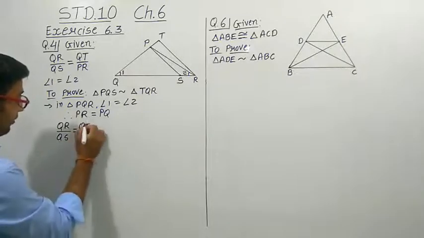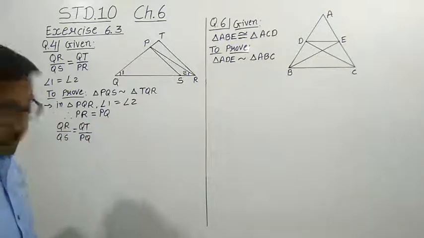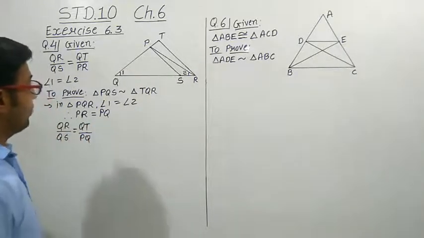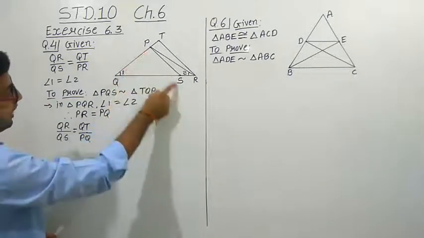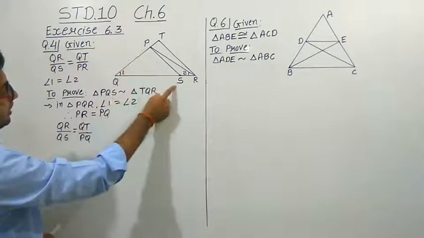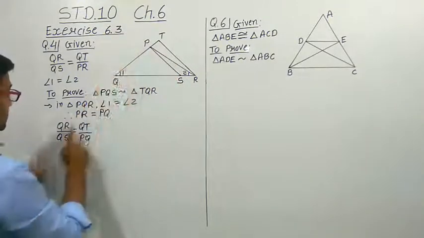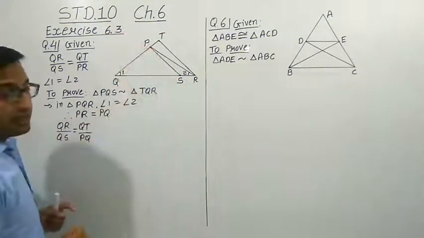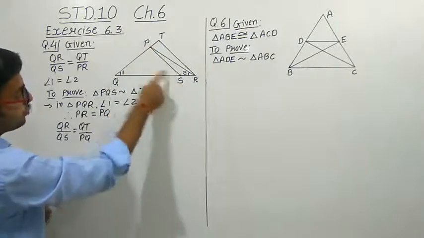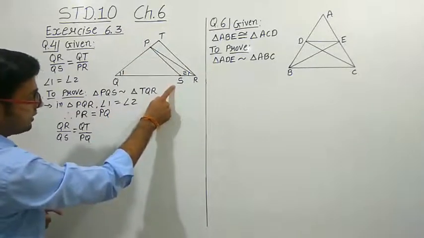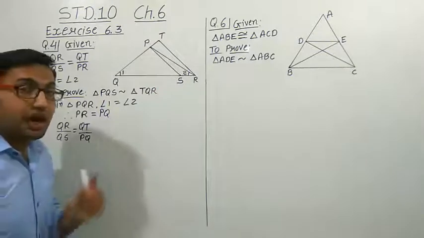That means now think about theorem number 6.2. In theorem 6.2, if a line PS divides two sides of the triangle in such a ratio, then the line joining these two points, here PS, will be parallel to TR.